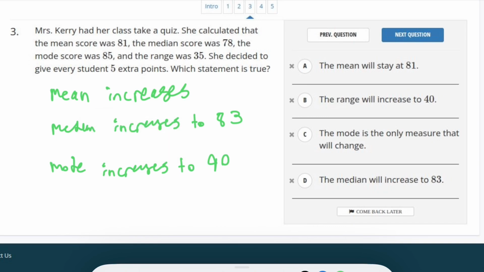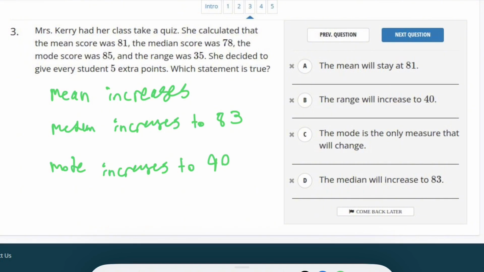Lastly, the range was 35. Now, range is the difference between the greatest number and the lowest number. Since both the greatest and the lowest will be increased by 5, let's say x was the greatest and y was the lowest.